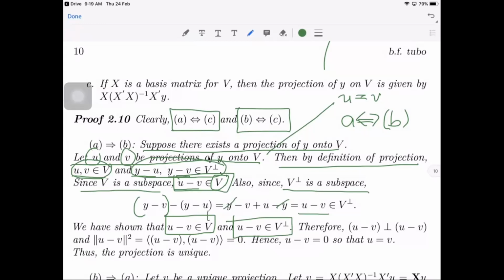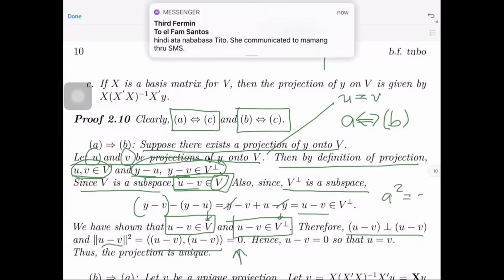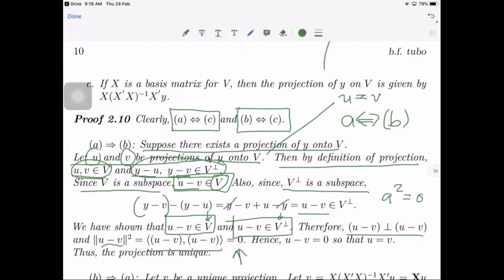When one vector is in V and the other one is in B perp, when you get the inner product, it is equal to 0. Correct? So the inner product is equal to 0: A squared equals 0. So either A is 0 or A is 0. So it means that A is 0. Diba?